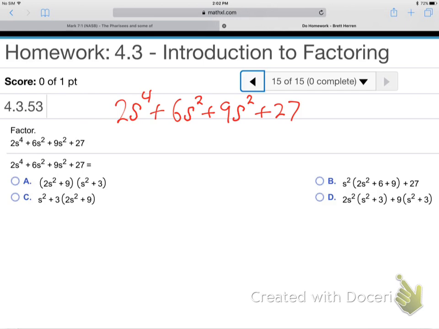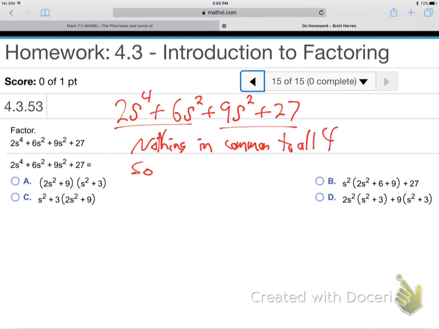So then go on to the 2-2 split. There's nothing that all four have in common. Go on to the 2-2. So first two, last two. Nothing in common to all four.